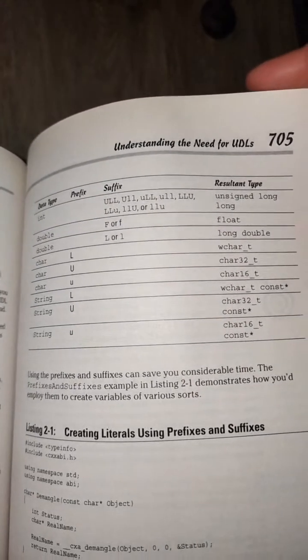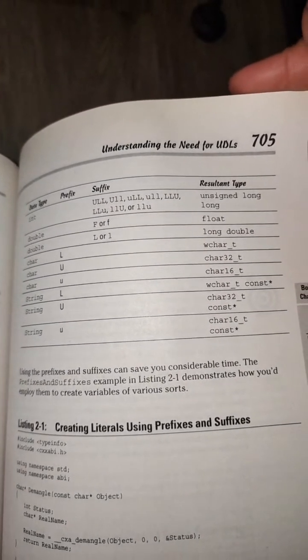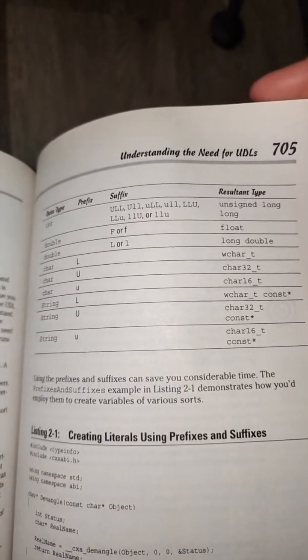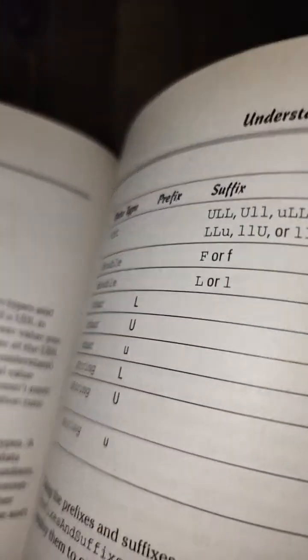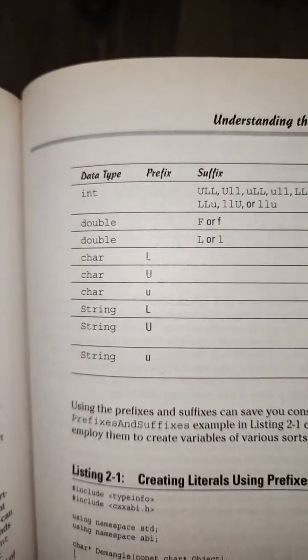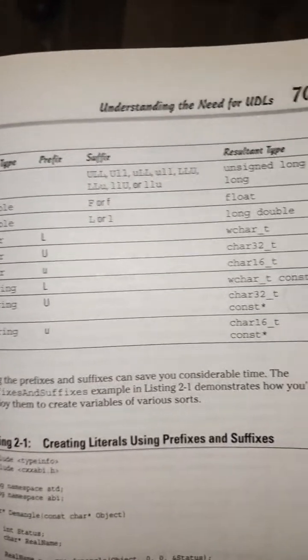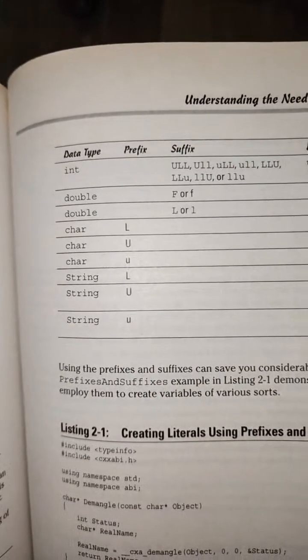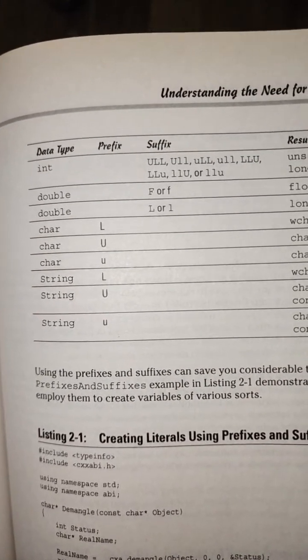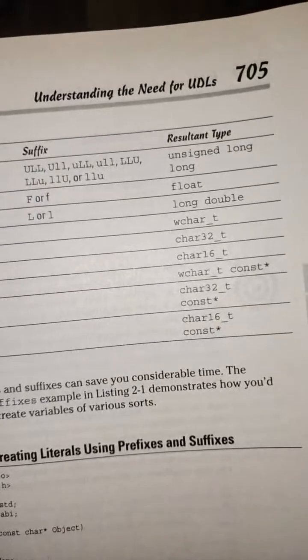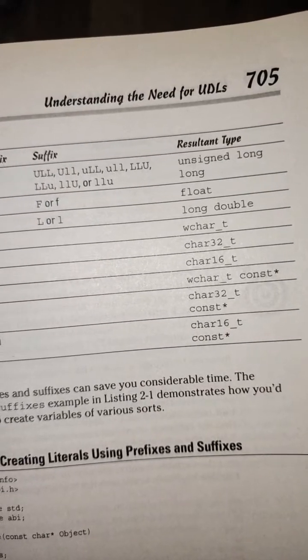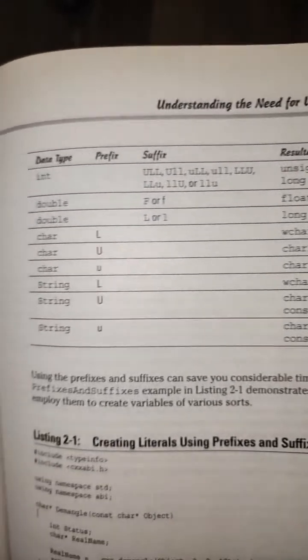Double, F, float, again could be either capital or lowercase. Double, L, long double. Char, capital L, wchar_t.